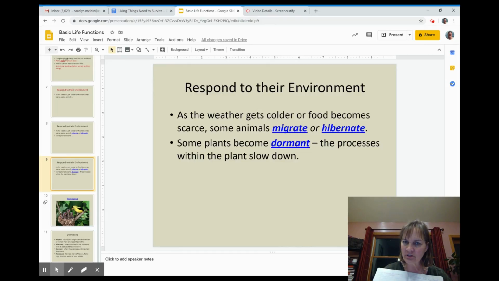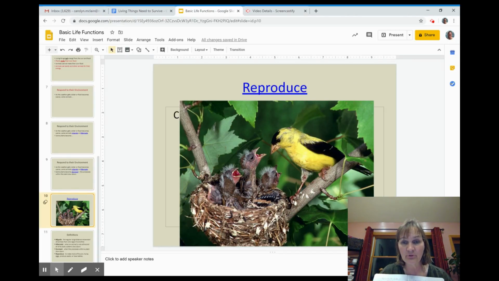But we're not done talking about all of the basic life functions. There's one more, and that is to reproduce. Okay, that's the last basic life function, to reproduce. What do you think it means when you're looking at this picture?